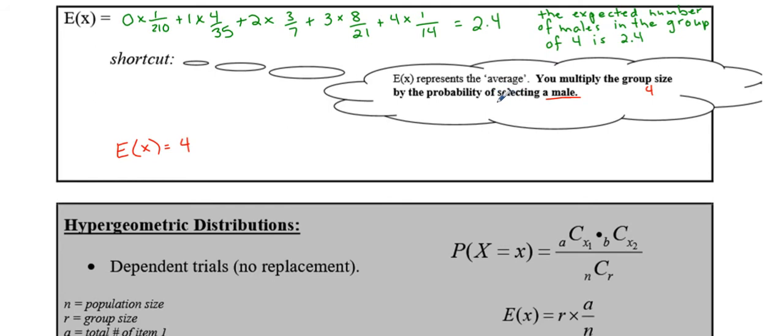So the probability of selecting a male is there are 6 males out of 10 people. So we're going to multiply that by 6 over 10. So it's the group size multiplied by the probability of whatever your random variable is, which in this case x was the number of males, and that also works out to 2.4. So not all questions have a shortcut like this, but hypergeometric distributions do, so you don't have to do all of these calculations here to get the expected value. You can just do this calculation here.